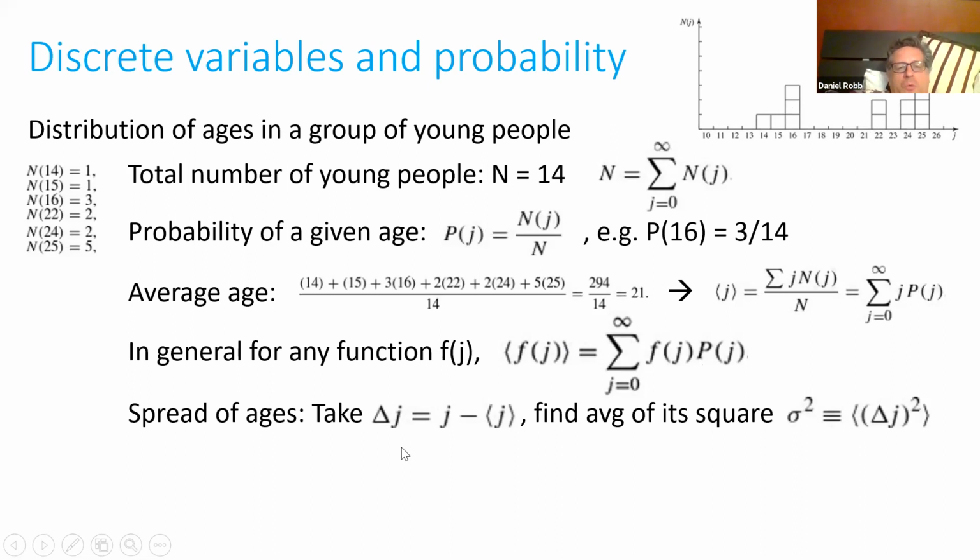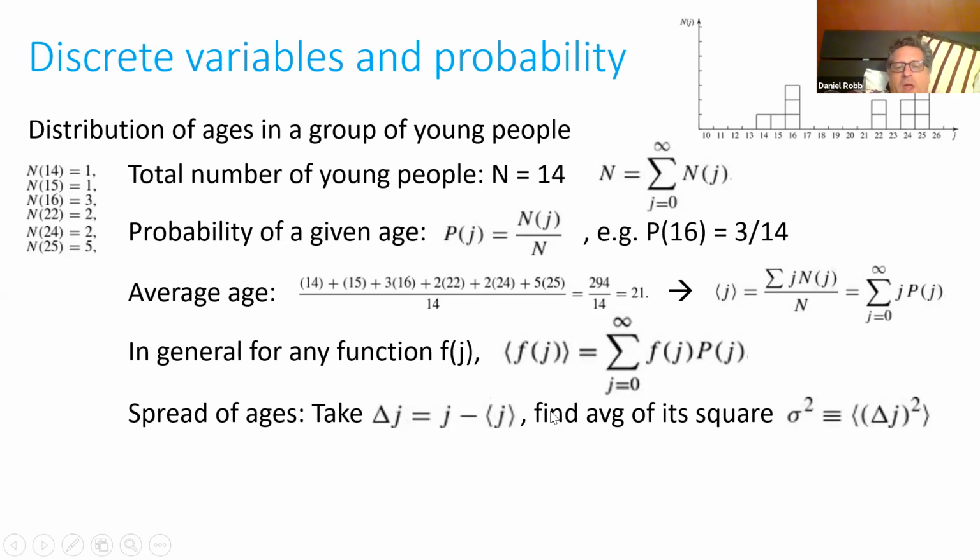Okay, so what we can do is look at what's called the deviation. Delta j, for a given individual, would be that individual's age minus the average age. So for a 25-year-old, that would be 25 minus 21, or 4. For a 14-year-old, it would be 14 minus 21, or minus 7.